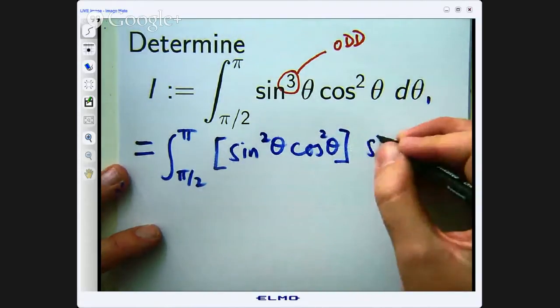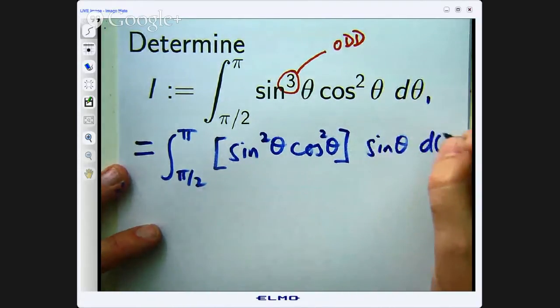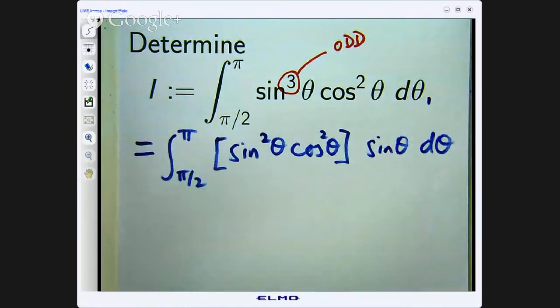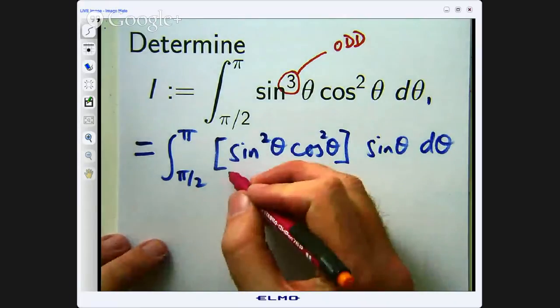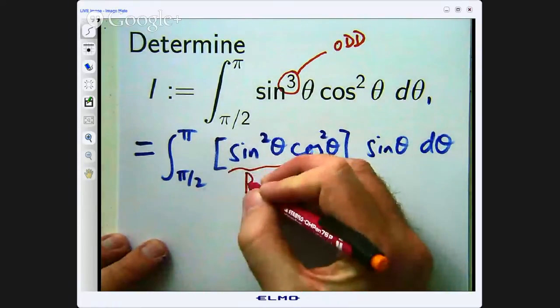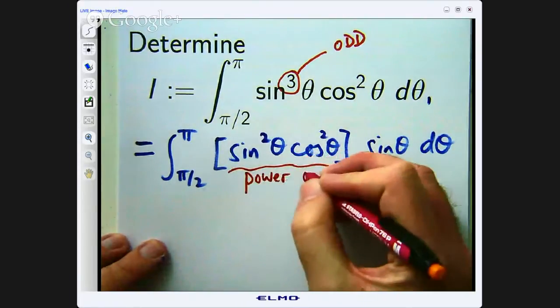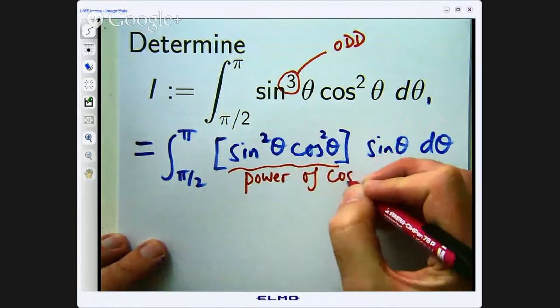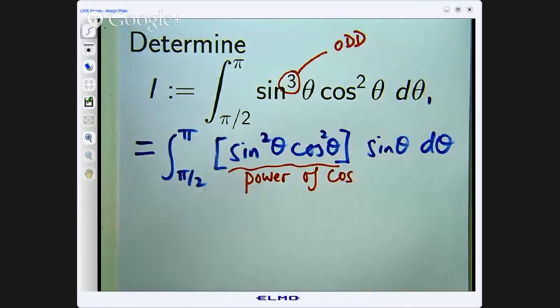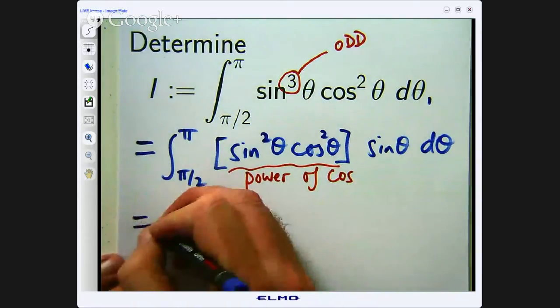So we've got sine theta d theta over here. Okay, so let's make what's left a power of cosine. Why would you want to do that? Well, we'll see as we go along.